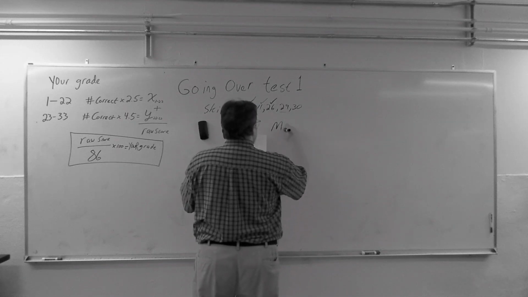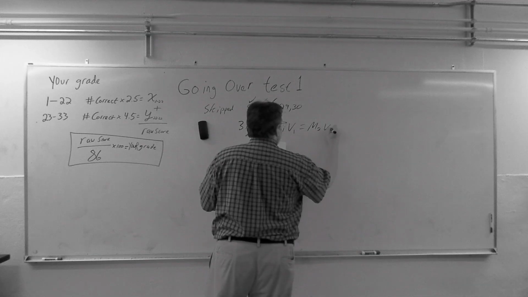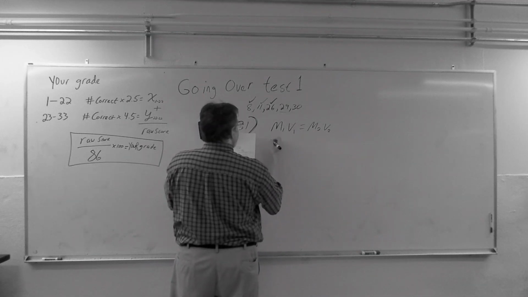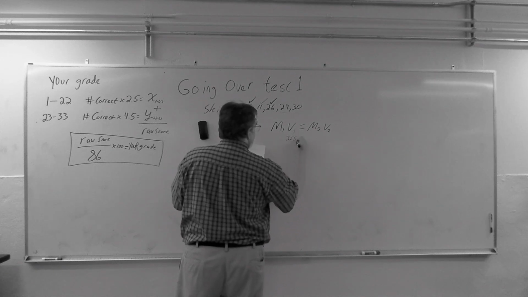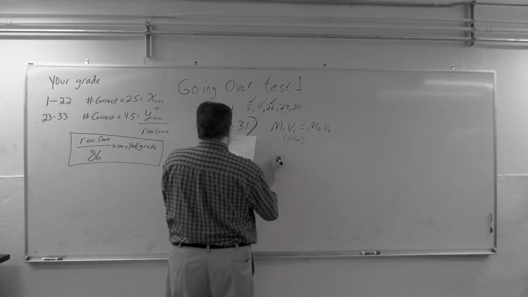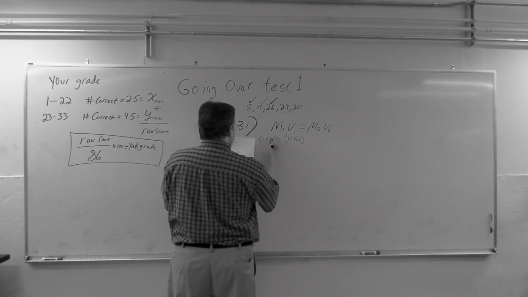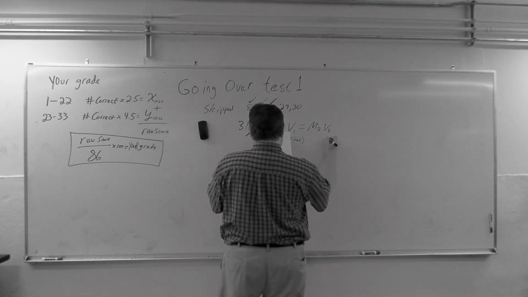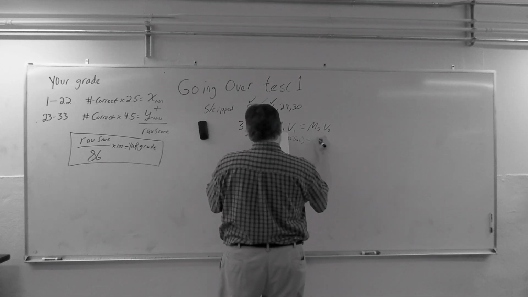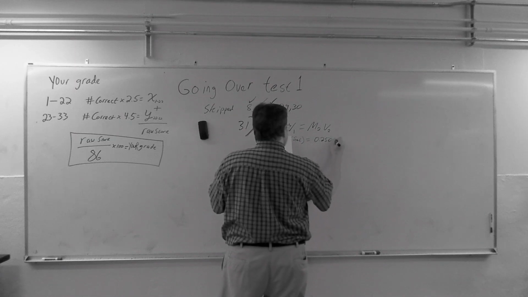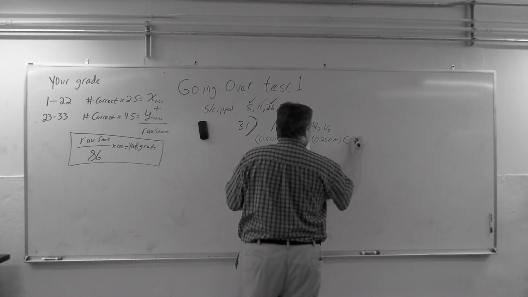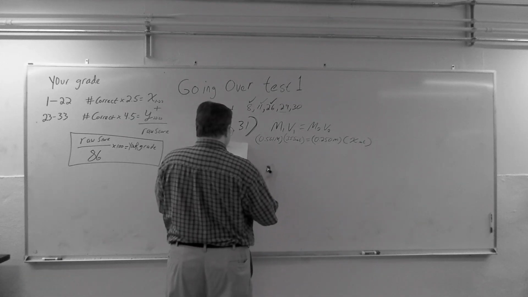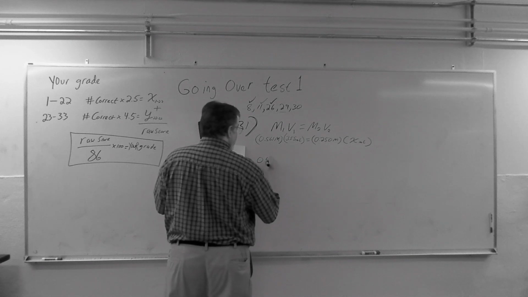Okay, this is M1 V1 equals M2 V2, so if 355 milliliters of a 0.561 molar solution is diluted to the new volume, the new concentration is 0.250 M. So we're looking for some milliliters.